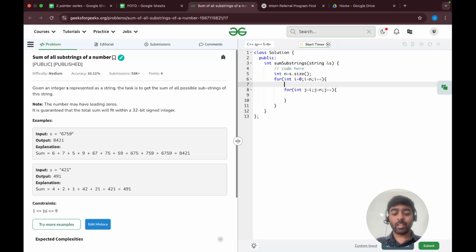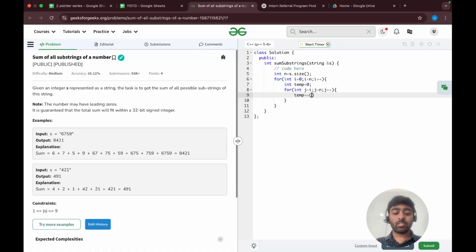Now we have to create a temp variable for storing the current number. Since we have to return the answer in int format and it is given in string format, first of all I will add the current digit to my temp variable.